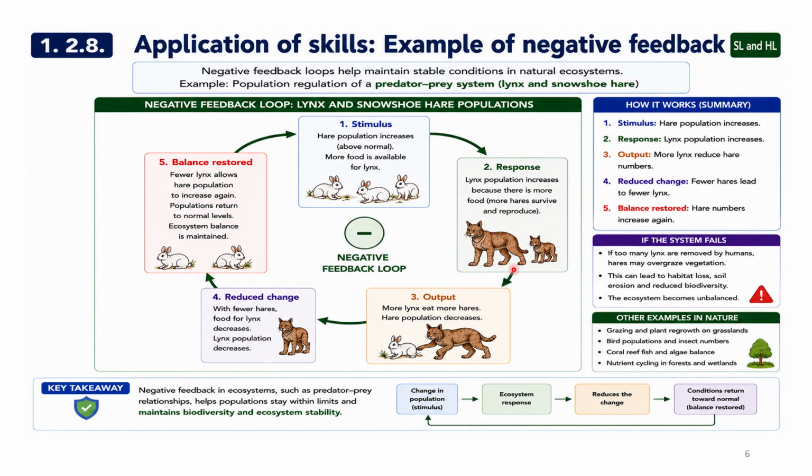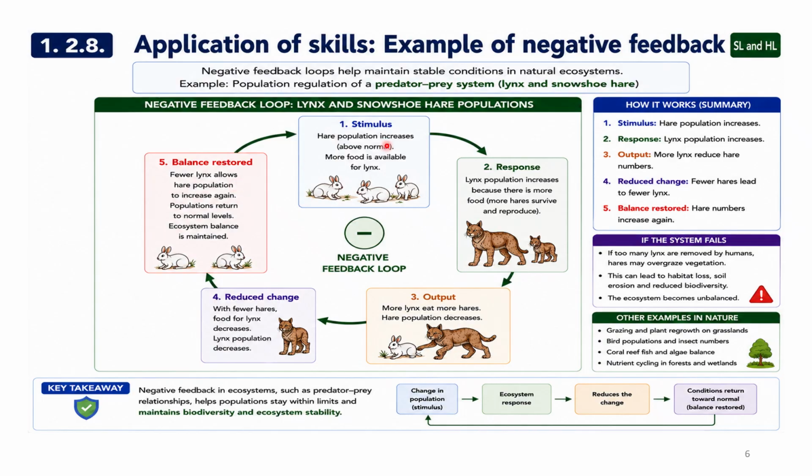With more predators hunting, the hare population declines. As hare numbers decrease, food becomes limited for lynx, causing the lynx population to decline as well. With fewer predators, the hare population gradually recovers, restoring ecological balance.